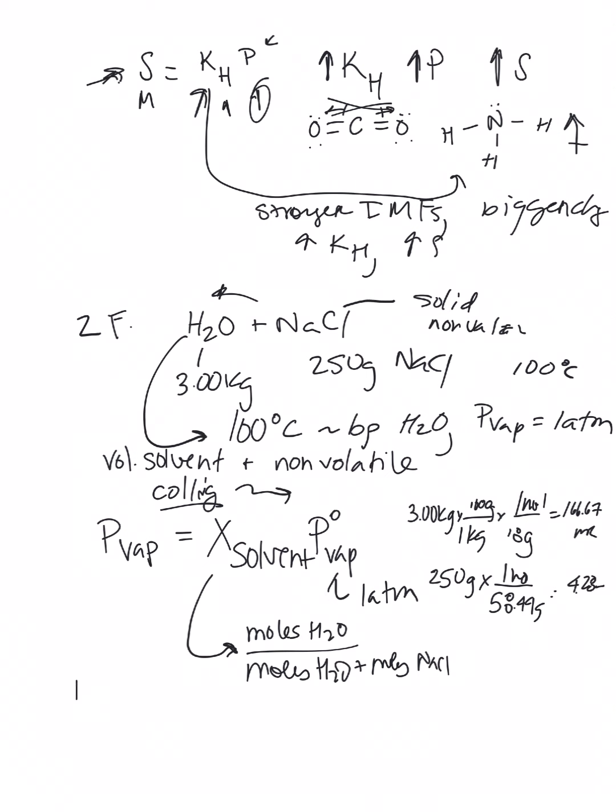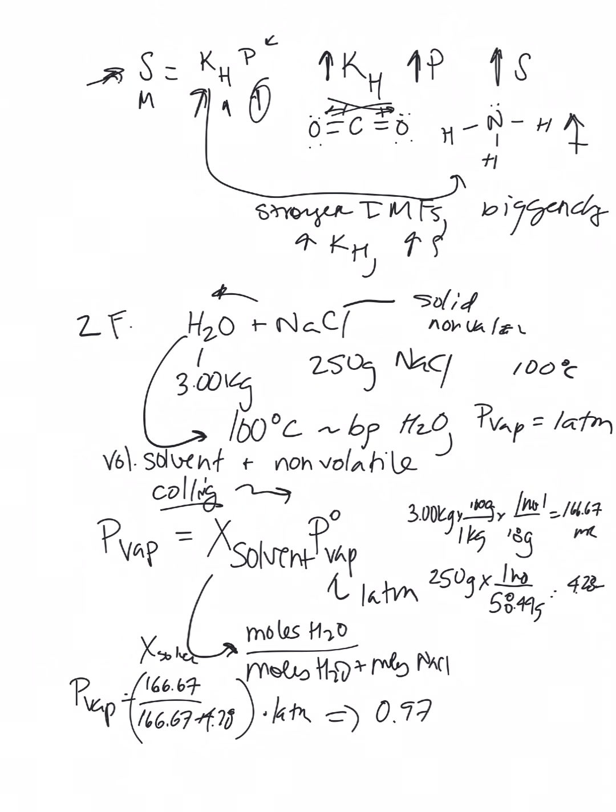So our new vapor pressure, when we add in that salt for the brine solution, is 166.67 over 166.67 plus 4.28. That's our mole fraction of solvent, times 1 atm, which gives us 0.97 atm.